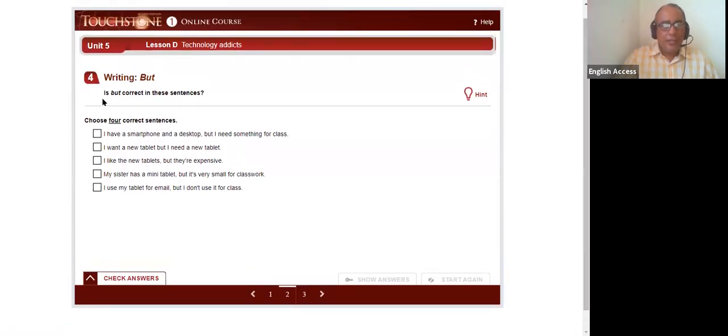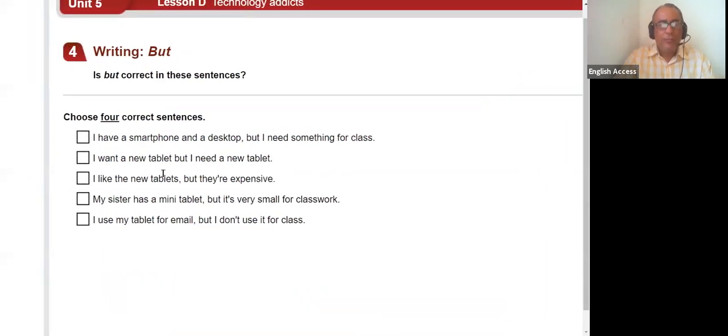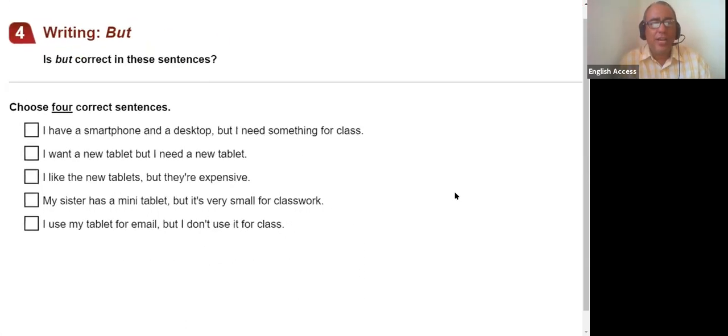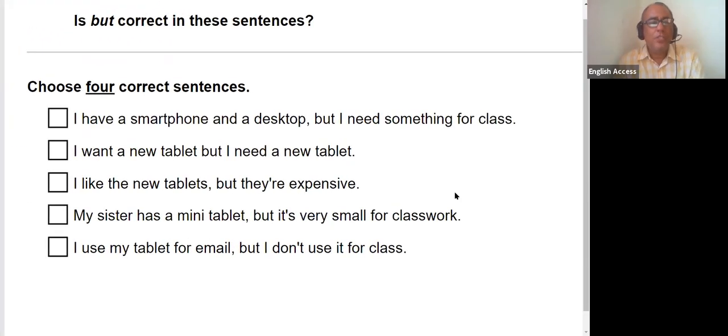Let's see some exercises. It says, is but correct in these sentences? Choose 4 correct sentences. We have 5 sentences, but only one is incorrect. Which one is the incorrect? Check the sentences, please, Fatima and Francisco. Which sentence is the incorrect one?